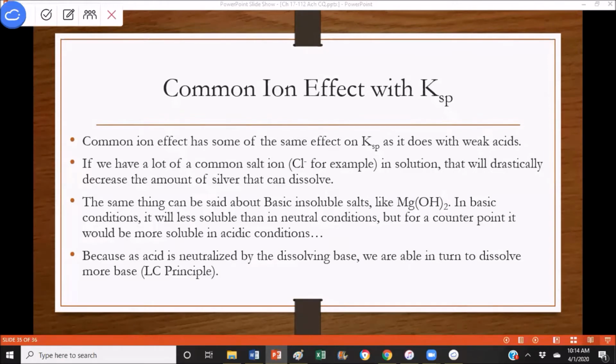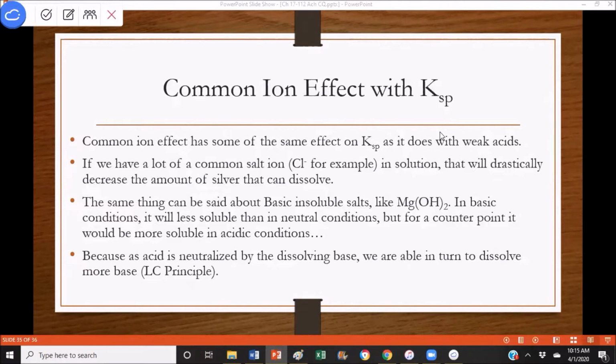Le Chatelier says you remove the product, you shift and reform more products. So under acidic conditions, we see a greater solubility for magnesium hydroxide. Under basic conditions, you see less solubility for magnesium hydroxide. Essentially, we're having Le Chatelier's except for solubility.